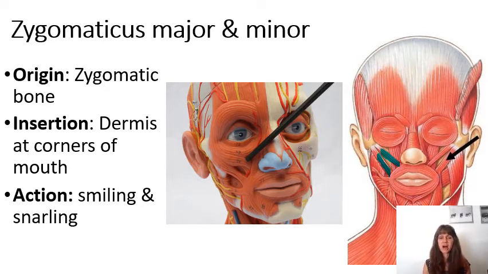The action of Zygomaticus minor and major is smiling and snarling. A snarl is half a smile.